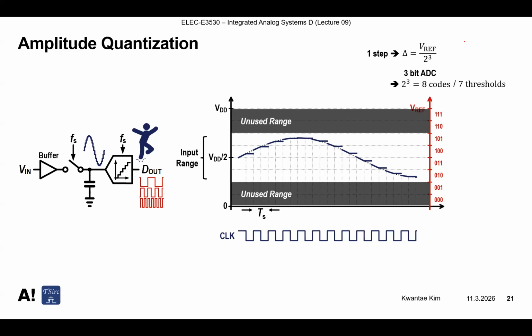Then 75% to 100% and 0% to 25% of VDD, those ranges are all unused. That means we are wasting these digital codes, right? 001, 000 for the 3-bit case, and 111 and 110. So digital codes 7, 6, 1 and 0 are wasted. So only 2-bit codes are used within this range in practical cases.